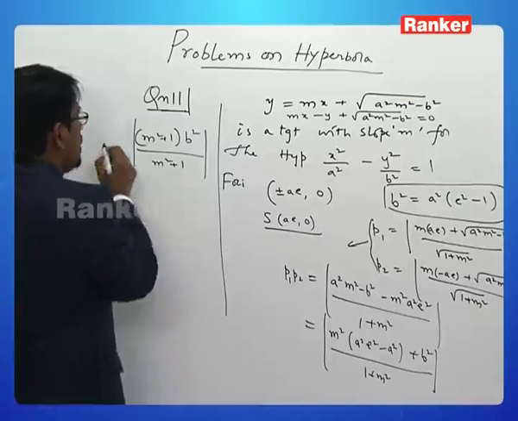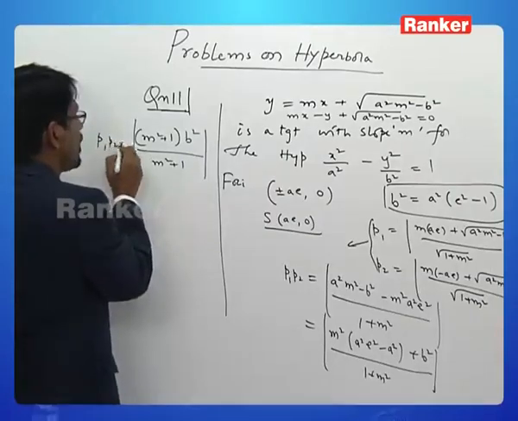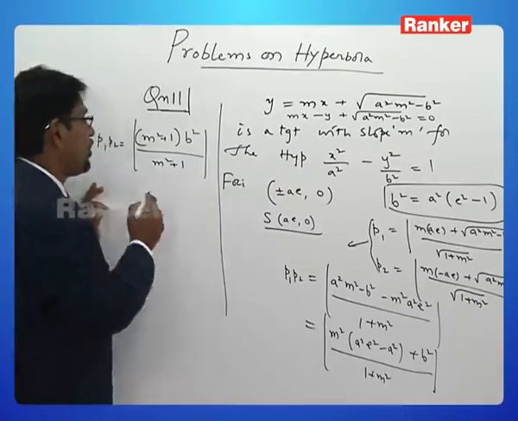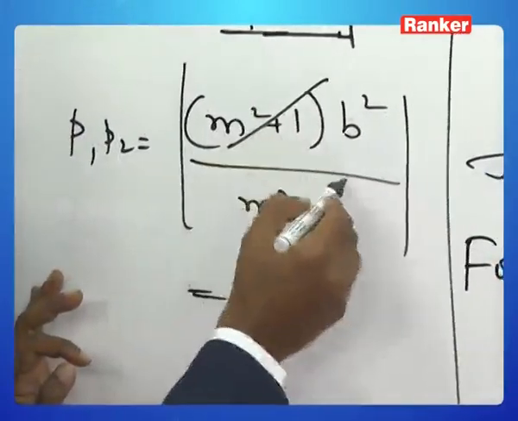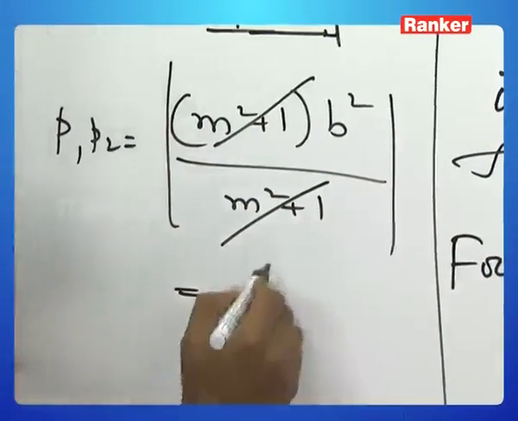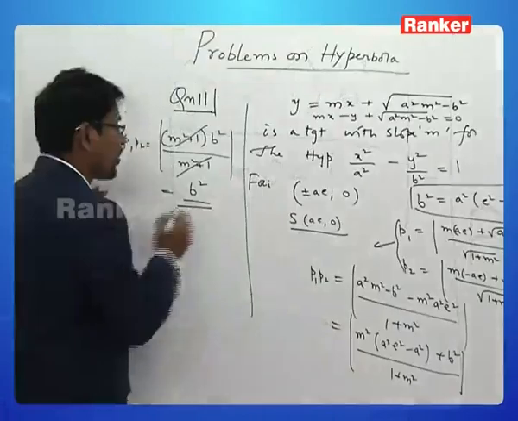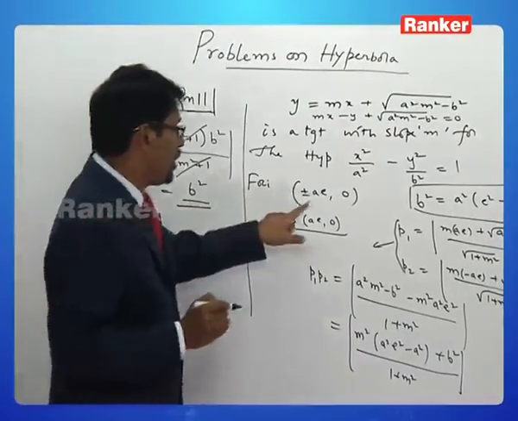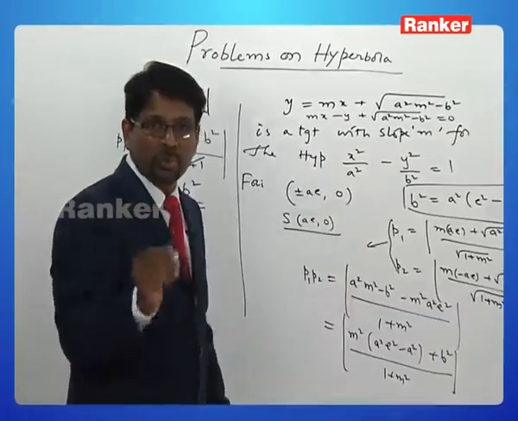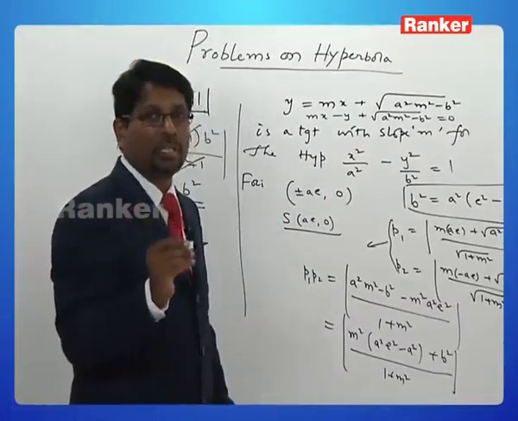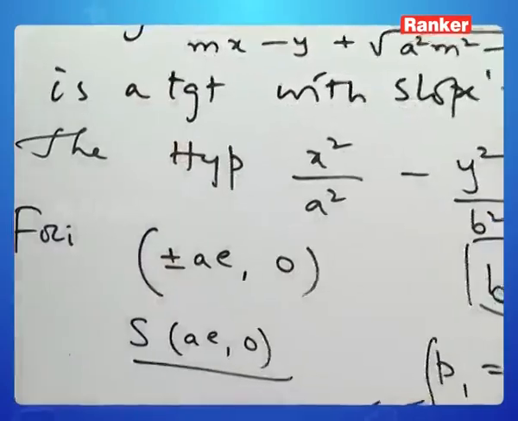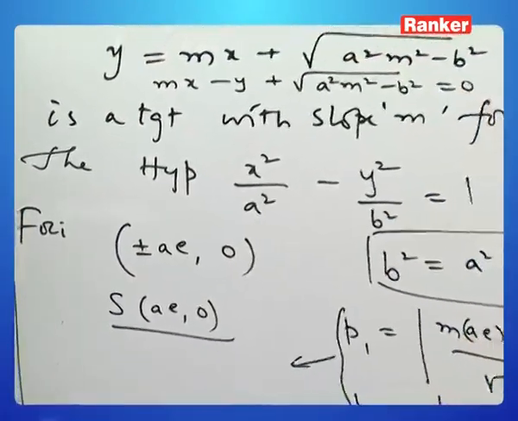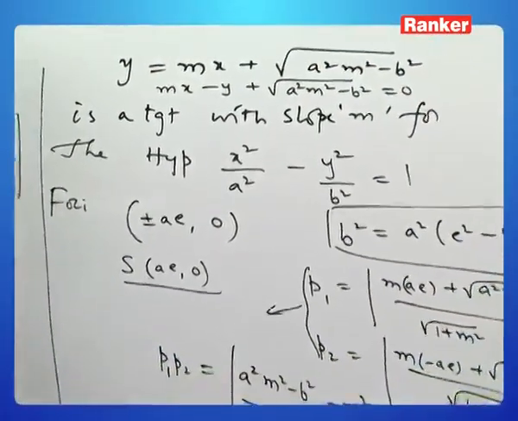So, P1 into P2 is therefore equal to this, m square plus 1 and m square plus 1 cancel, and we have it to be equal to b square. So, the product of the perpendicular distances from the two foci to any tangent is a constant, and that is equal to the square of the semi-conjugate axis.